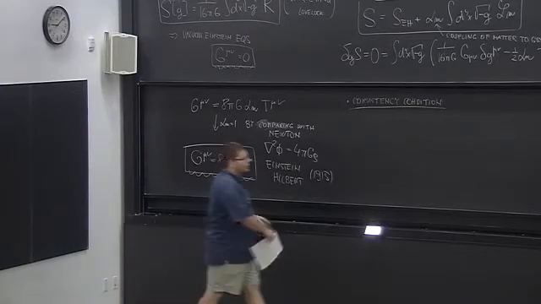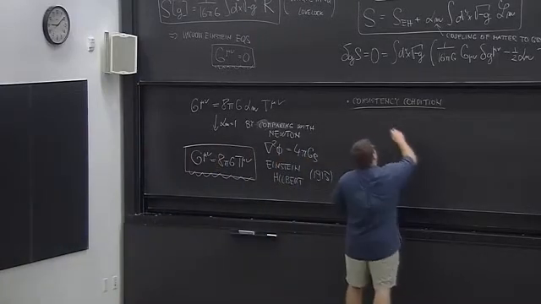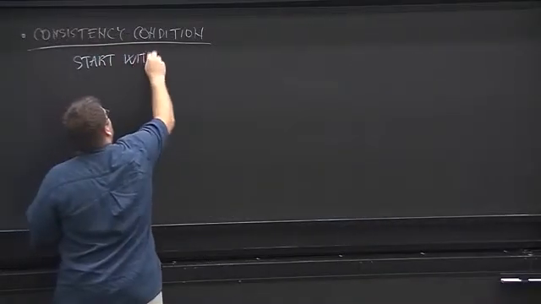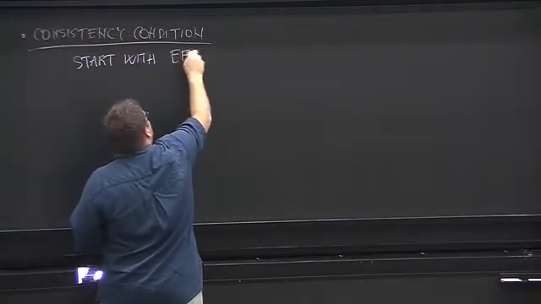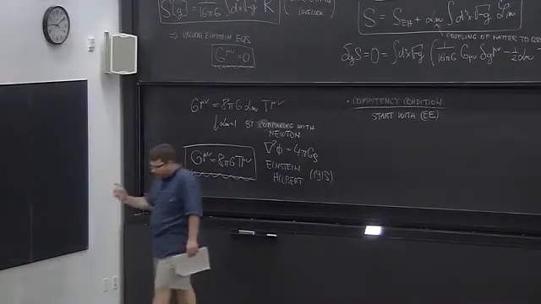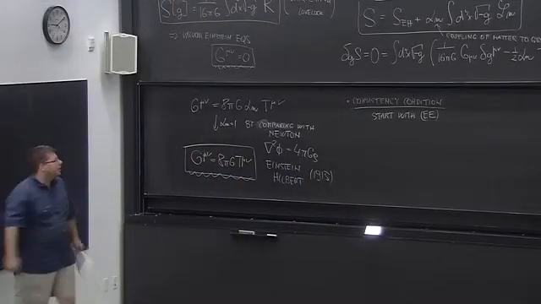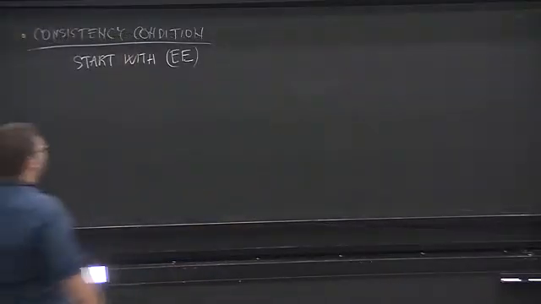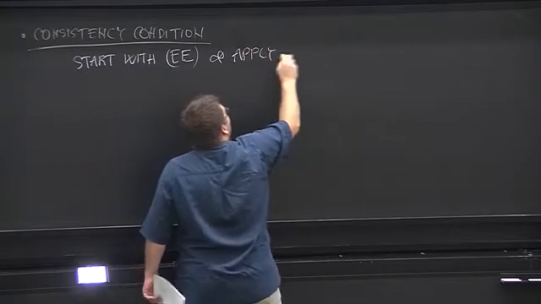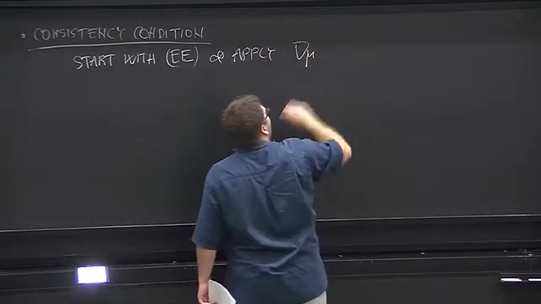But of course, the other way around is the right way. So I have the Einstein equation, so start with the Einstein equation and apply the covariant divergence on it, nabla mu.